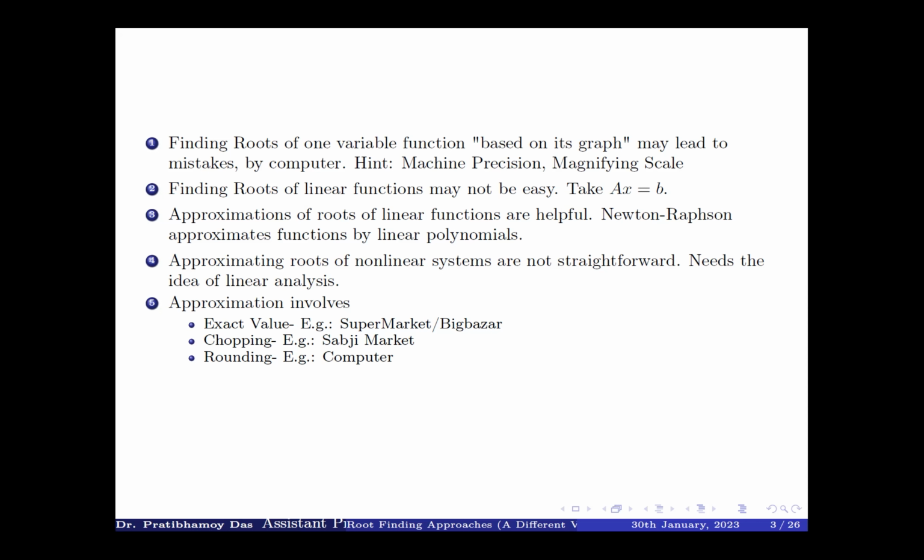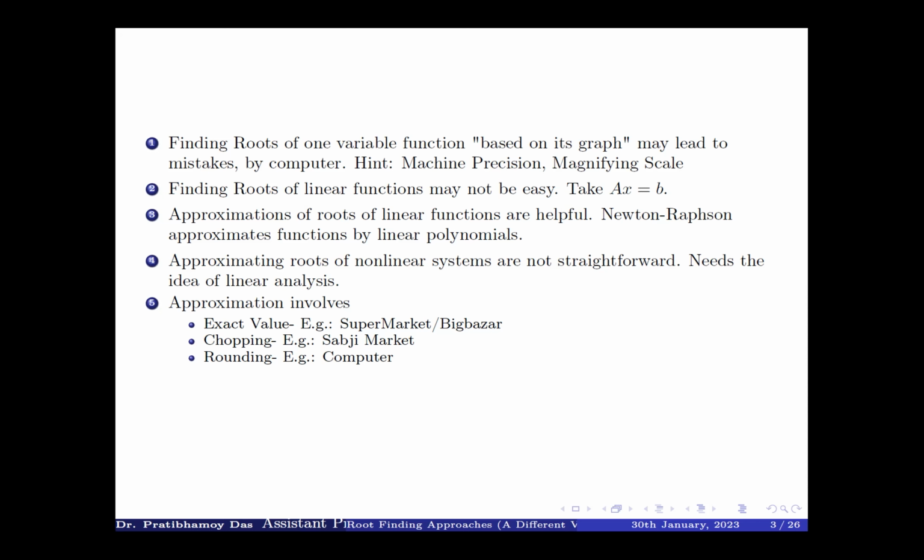Now, finding roots of linear functions may not be easy either. You see that Ax equal to b is a linear equation. In one dimension it is ax equal to b, where a is a real number. In n dimensions, A is an n cross n matrix and b is an n cross 1 matrix. So you are actually solving a system of equations.